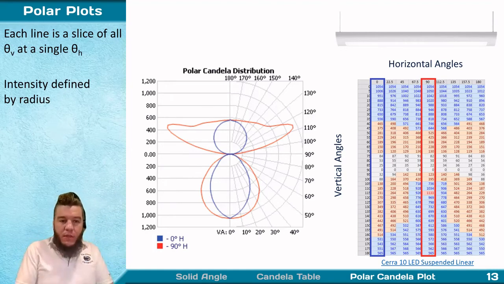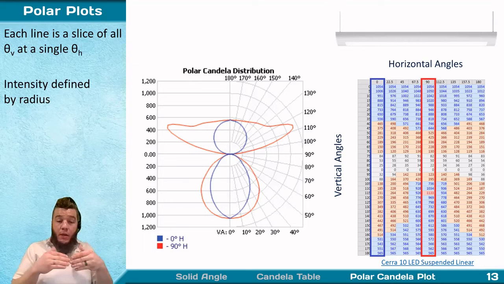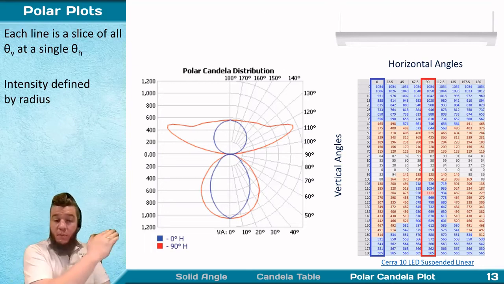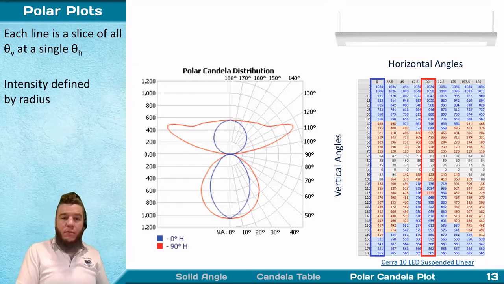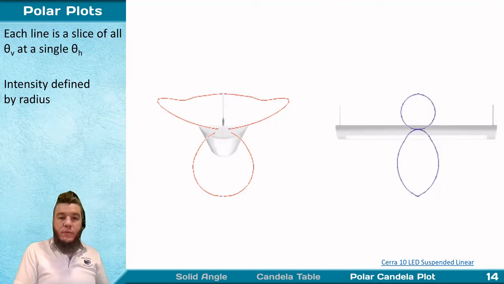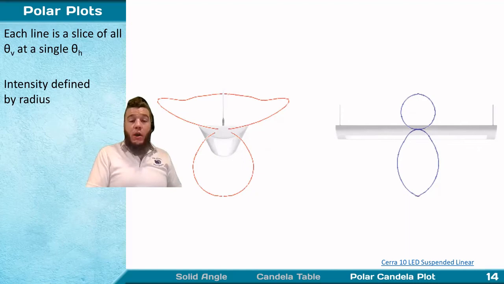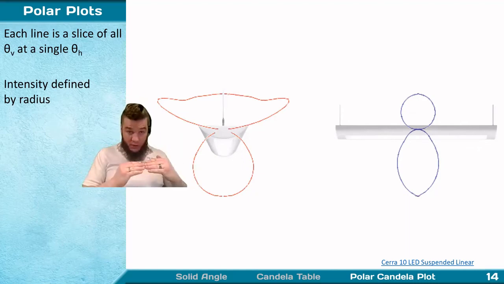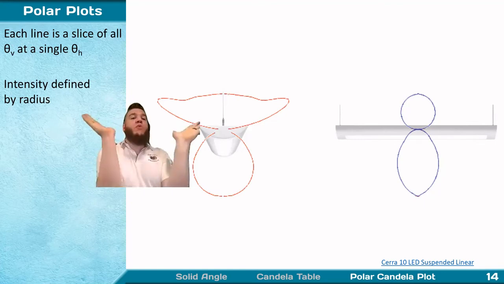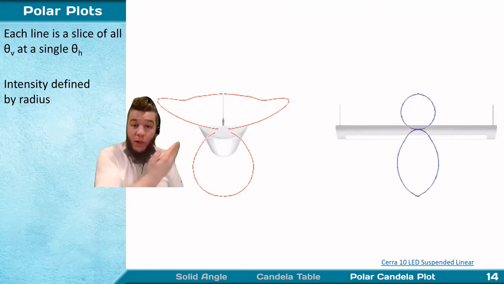Okay, so this is a bit difficult to understand this way. So let's take this forward and superimpose these distributions on the luminaire itself. So there we have it. You can see along the short axis, what this luminaire is doing is pushing light straight down and straight out. This is what you call a classic bat wing distribution.